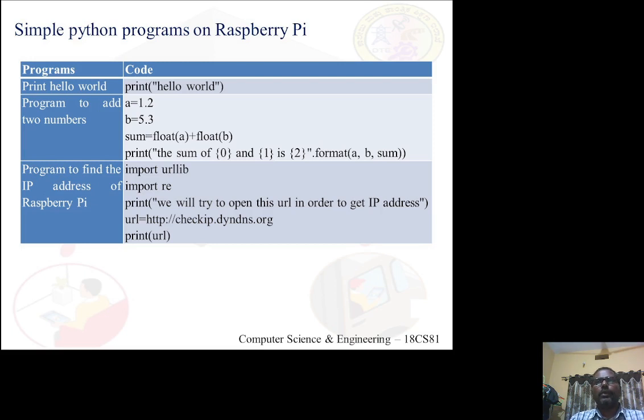In the next program, to find the IP address, we need to import two packages, urllib and re. Got it? Then we can get the IP address of the computer by accessing the website http://checkip.dyndns.org.